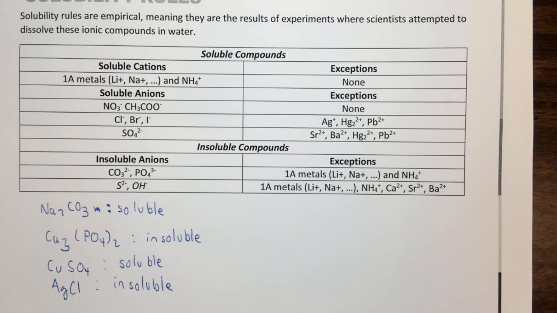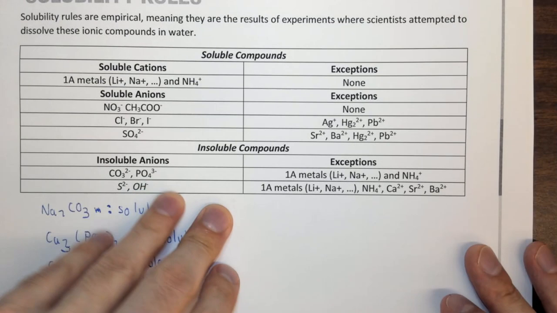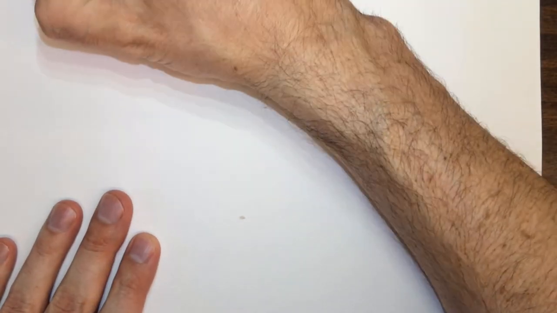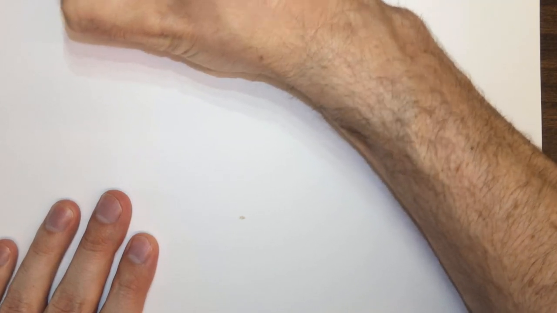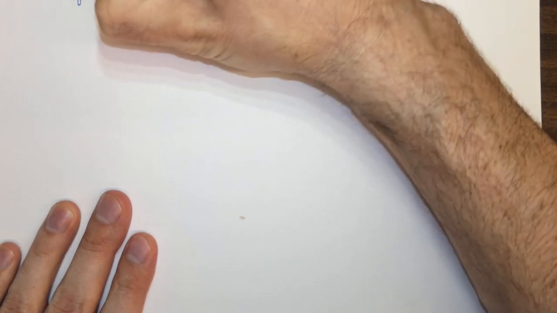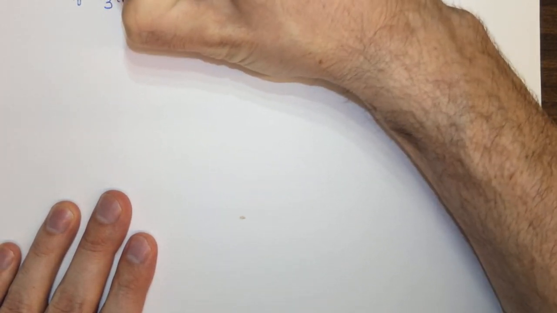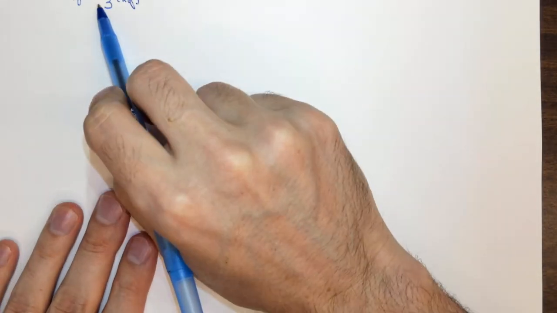Now we need to look at this in a more practical way, where we're trying to determine chemical reactions that are occurring. So if we look at an example here, let's say we take silver 1 nitrate, AgNO3, which is aqueous, because all nitrates are soluble.